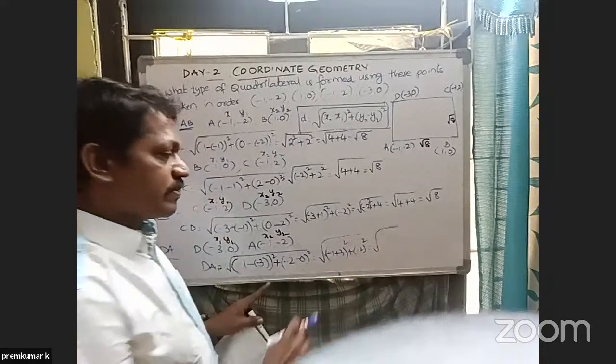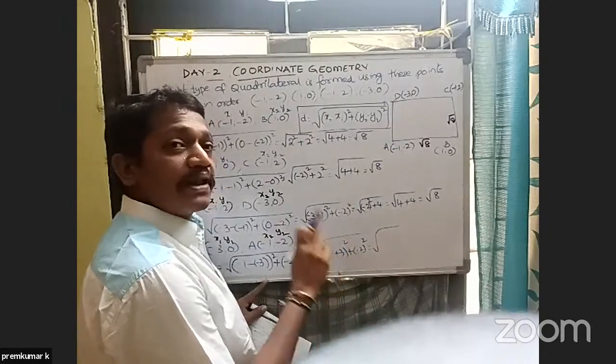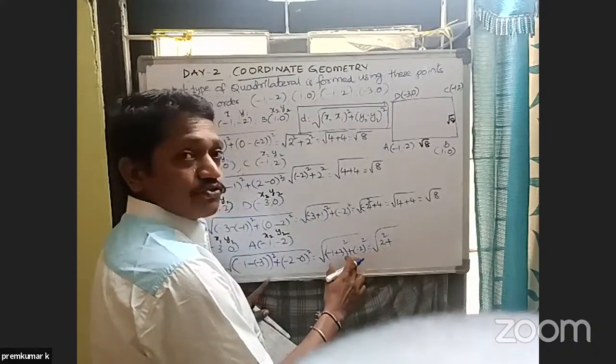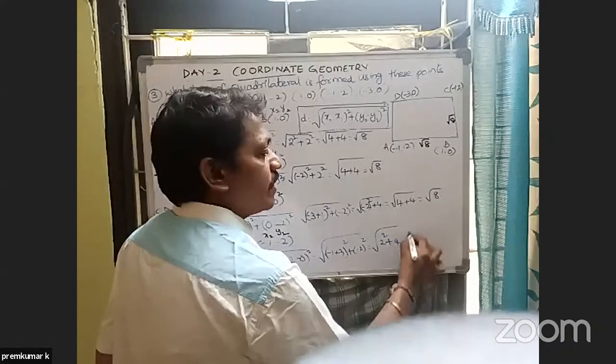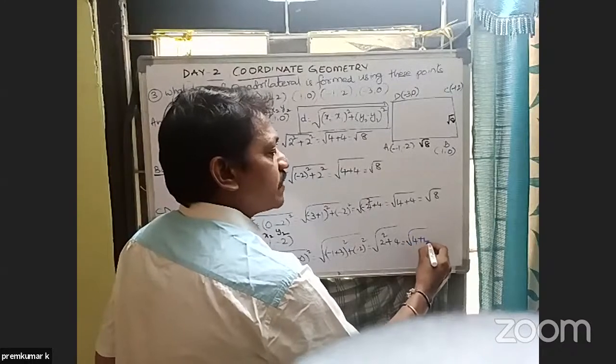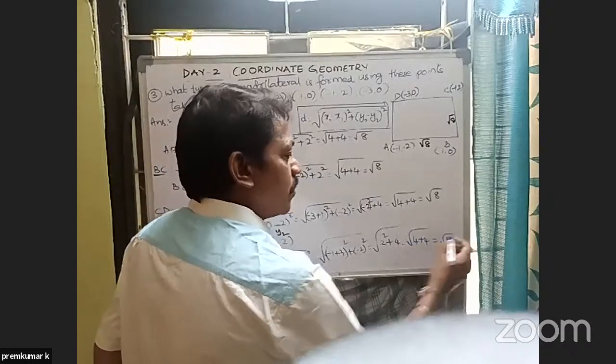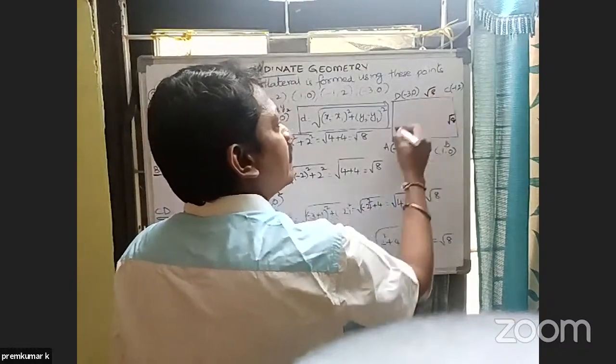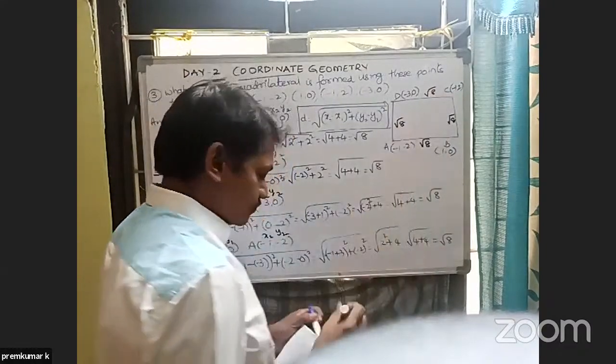Another step: minus 1 plus 3, that is 2 square, plus minus 2 square is 4. That is 4 plus 4, root 8. Okay, this is also root 8 and this is also root 8.